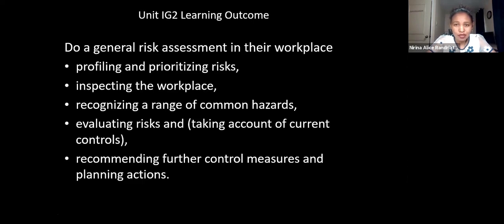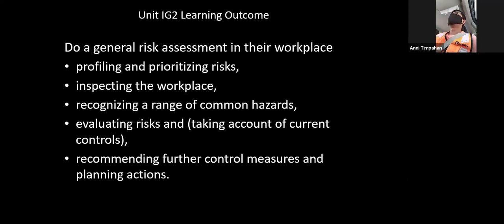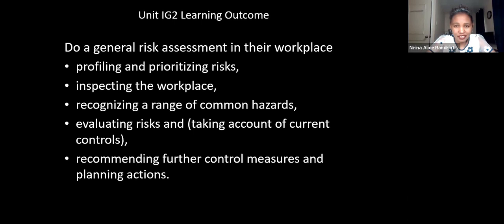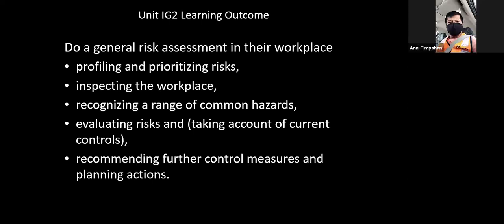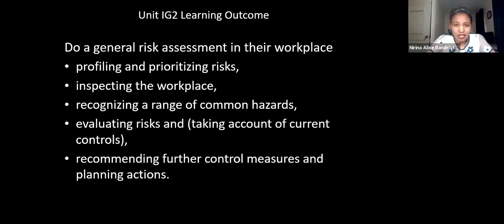You should be able to do a risk assessment in your workplace that includes profiling and prioritizing risk, inspecting your workplace, recognizing a range of common hazards, evaluating risk and taking into account the current control, and recommending further control measures and planning action. So have this in mind when you complete your Unit IG2. These are the points that you should be able to do at the end of your review.